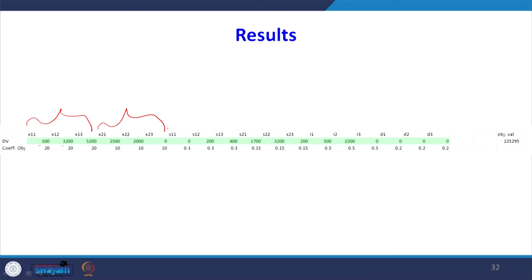This is inventory. How much inventory? This is our inventory cost. This is our increment or decrement cost. So we have to minimize the cost. The value of the objective function is $2,25,295.